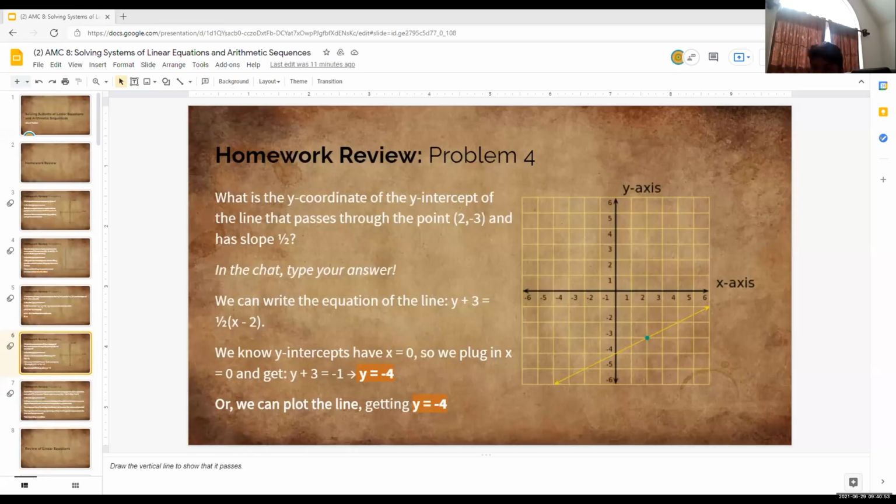Sai, if I make you host, will you be able to share your screen? Yeah. Okay, so I think I can share my screen. Can everybody see my screen? Yeah. Make sure to click present.